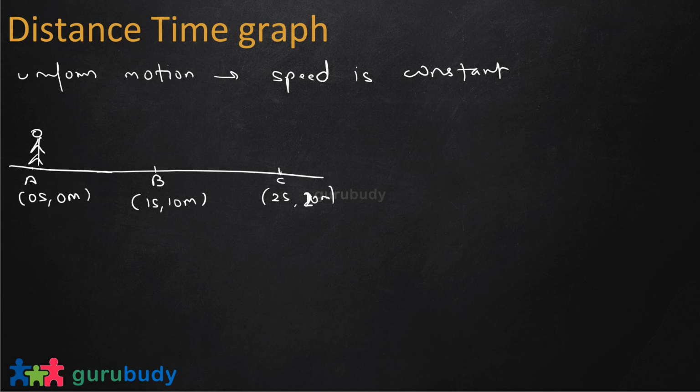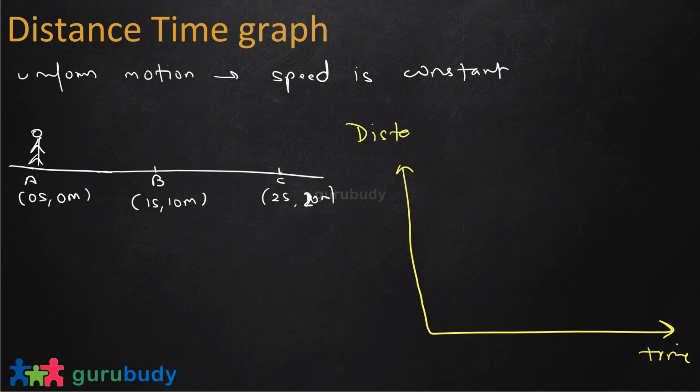So if I want to plot this on a graph, the graph we are plotting is a distance time graph, right? So this is time and this is distance, and the distance is in meter and time I'm measuring is in seconds.